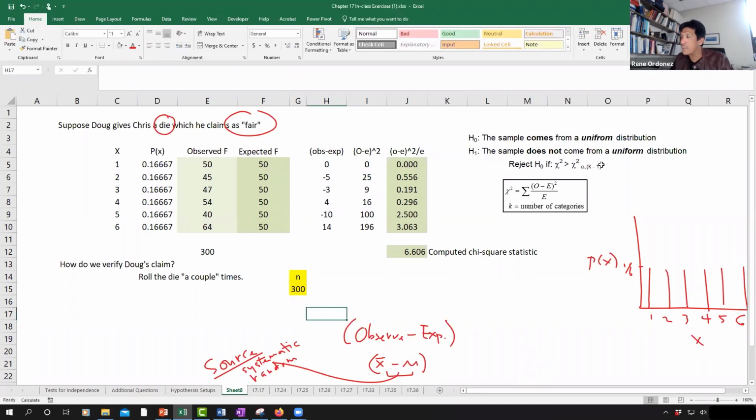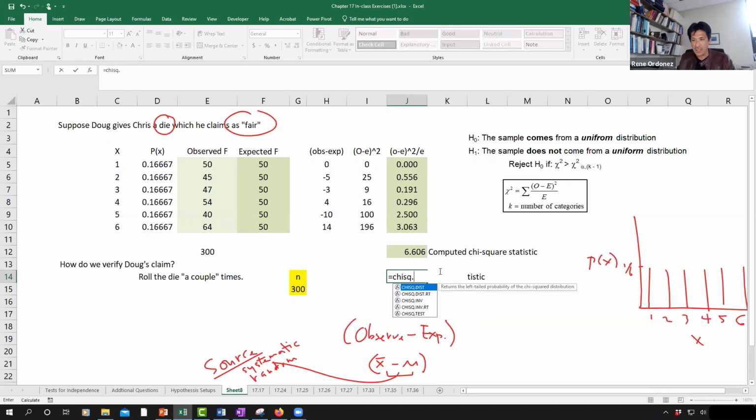Okay, so here's how we compute the critical statistic, which is using the CHISQ.INV function.